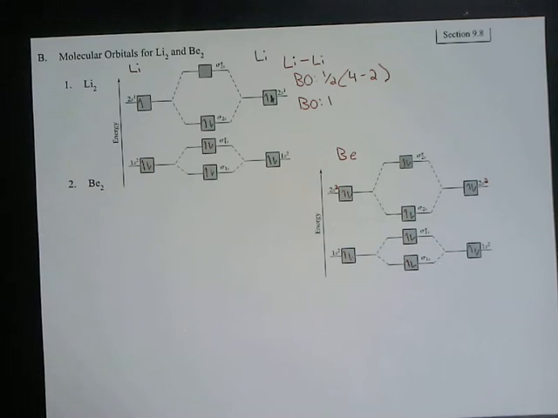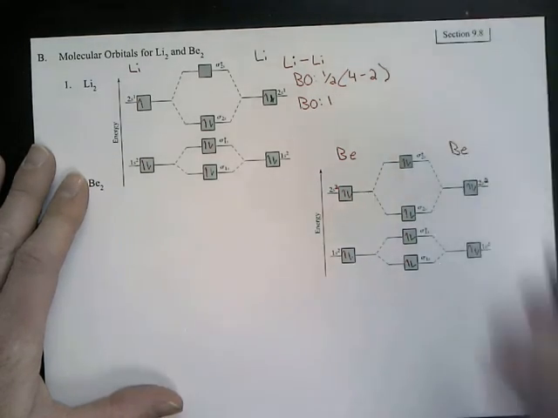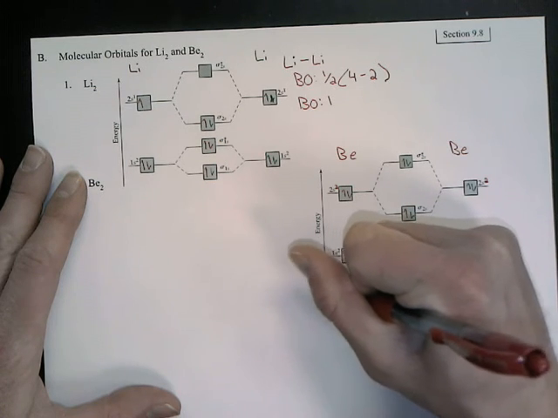Now, the important part here of Be, we're trying to figure out, hey, could a Be bond to another Be? Well, the answer to this can be found in our bond order.